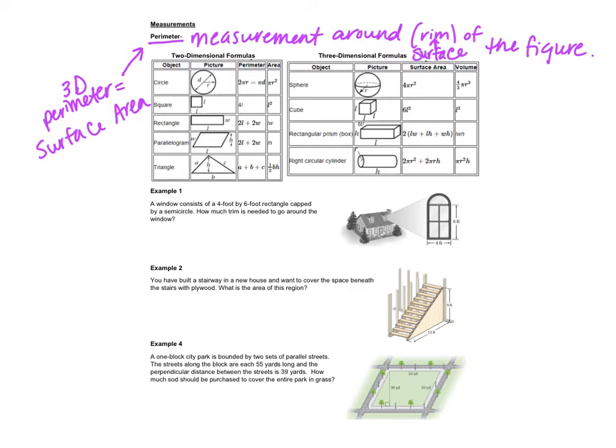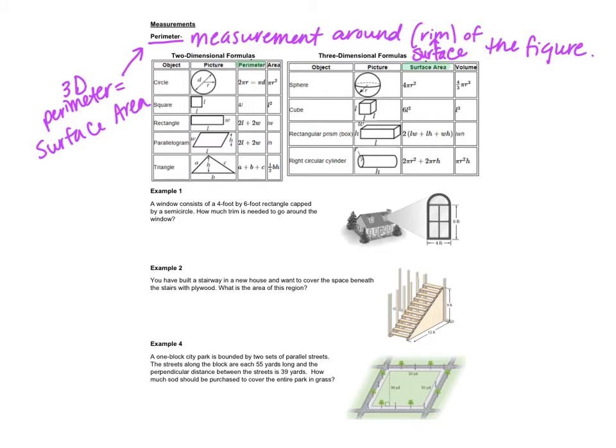So that might help us a little bit better. Okay, so the perimeter here and the surface area are the same type of measurements for a 2D and a 3D. All right, then when we talk about the area, area is typically what's found on the inside of a shape.